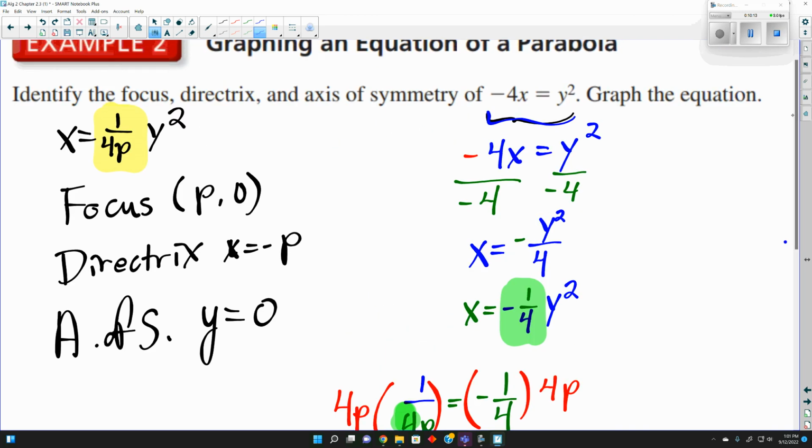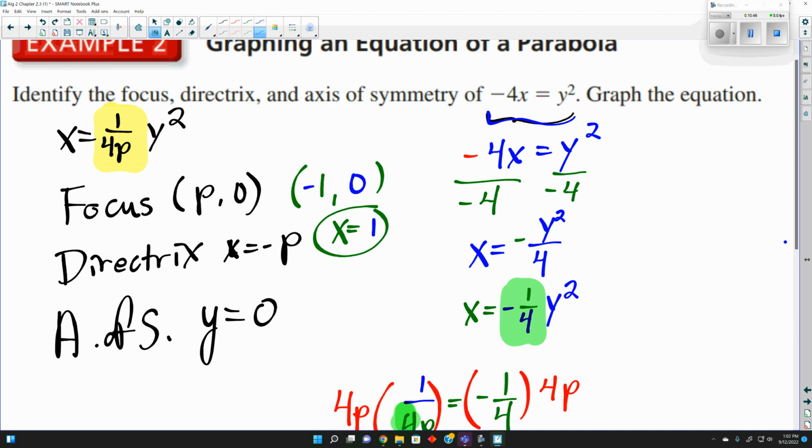Last but not least, we just have to plug it back in. So the focus is p comma 0, yes? So what's the value of p? So it's negative 1 comma 0 is the focus. The directrix is x is equal to negative p, yes? Because we could have rewritten it as x is equal to negative 1, but a negative and negative make a positive.